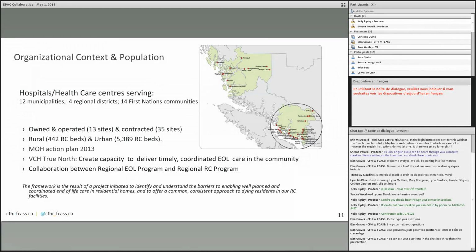So a little bit about our organizational context. We are quite a diverse health authority. We have 48 sites, 13 owned and operated, and 35 contracted sites. We have 6 sites that are rural for 442 beds, and then in urban centers we have 5,389 beds.